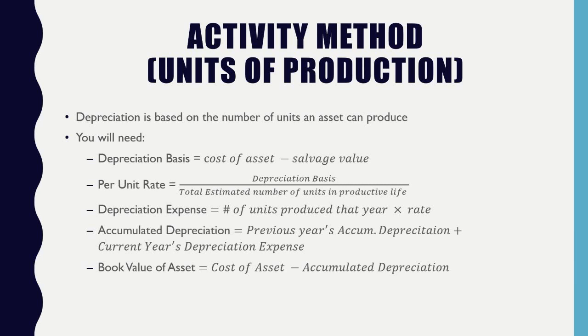The depreciation expense is going to be the number of units produced that current year multiplied by the per unit rate. Accumulated depreciation is your previous year's accumulated depreciation plus the current year's depreciation expense. And book value is cost of the asset minus accumulated depreciation. So all of these are the equations for you to fill out the table.